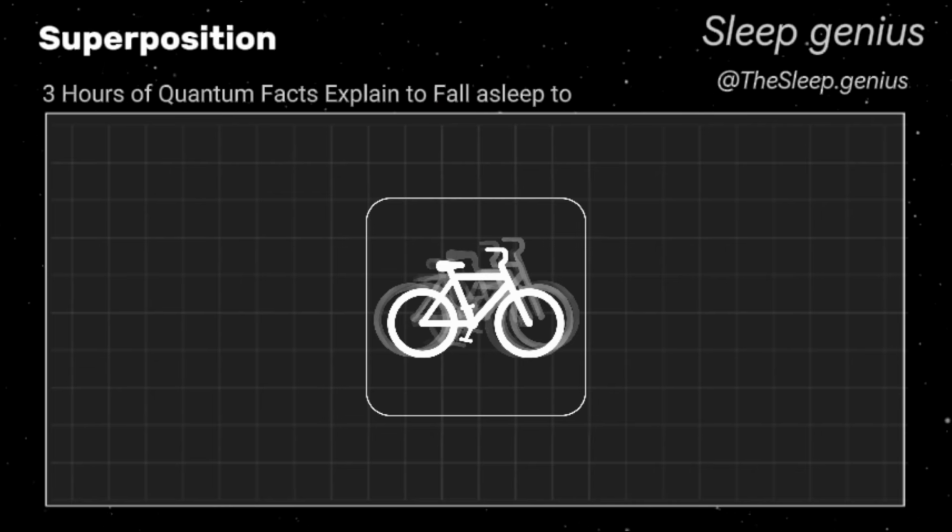Only when an observation is made does the system appear to collapse into one definitive state, as if reality had been waiting for our attention to solidify its form. This interplay between potentiality and observation reveals a subtle tension between what is possible and what is actual, a tension that has profound implications for our understanding of causality and determinism.